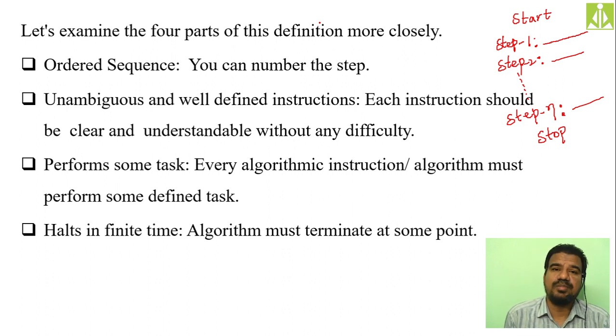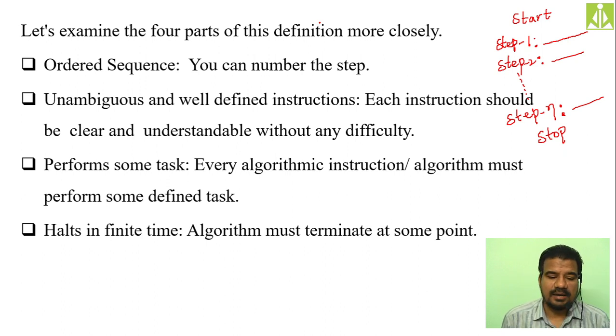I mean, you try to make that statement in such a simple way that a layman should also understand that step. Okay, so that is the meaning of unambiguous, without any ambiguity, without any problem or complexity. Okay, every step must be clear and understandable. Unambiguous means clear and understandable. Okay, so every step must be well defined, so that every person will understand that step.